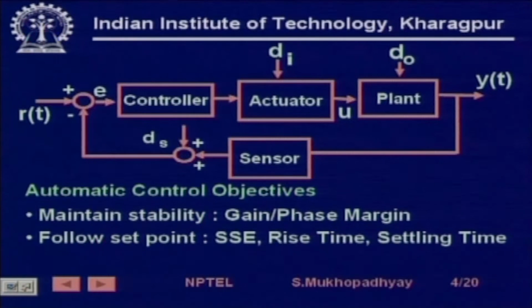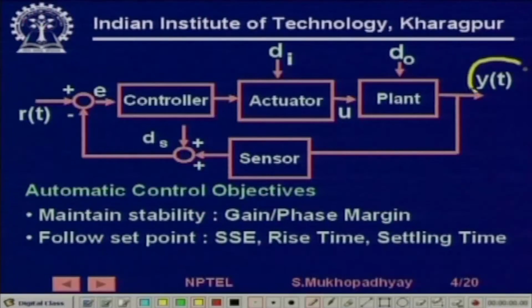The next, once we can ensure that we can hold the outputs at a certain level wherever we want, is that we want the output to follow the set point. Now, the set point, as we have noted, is a function of time, and the output is also a function of time.